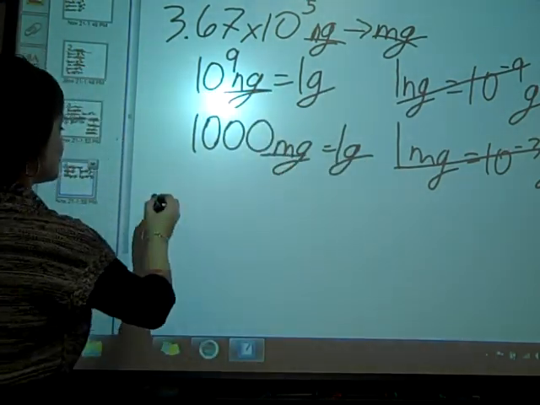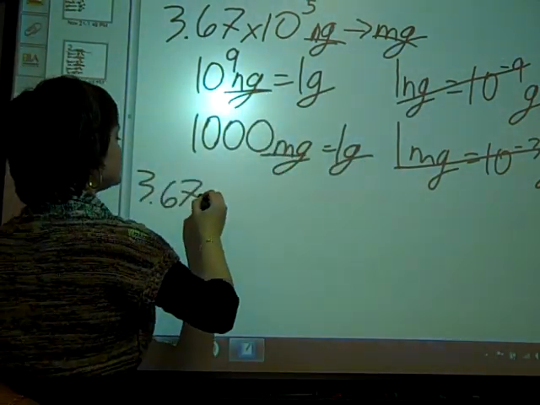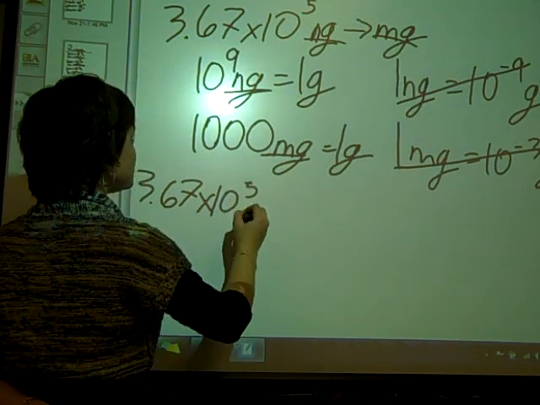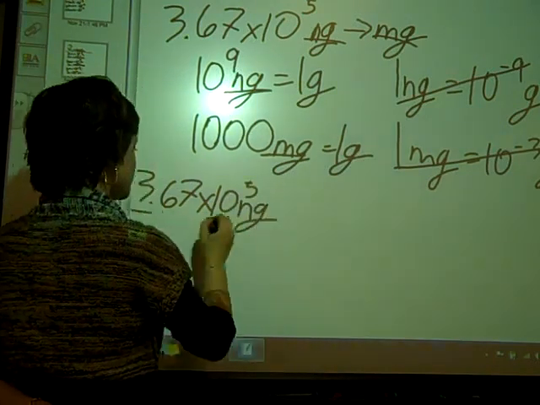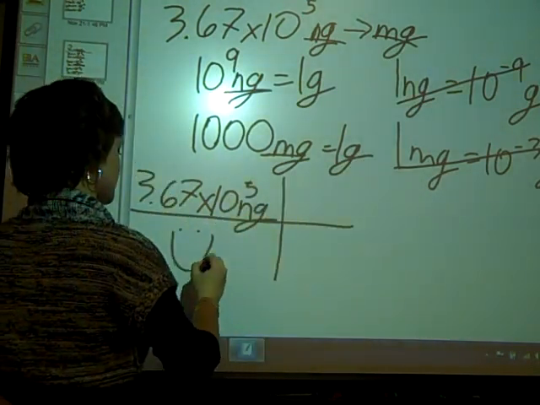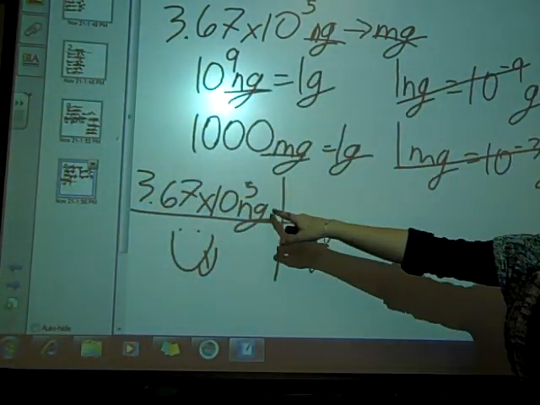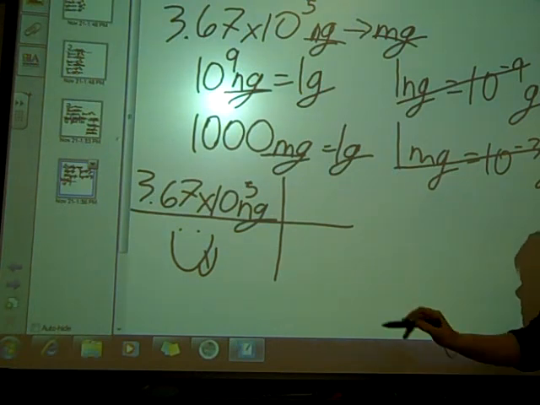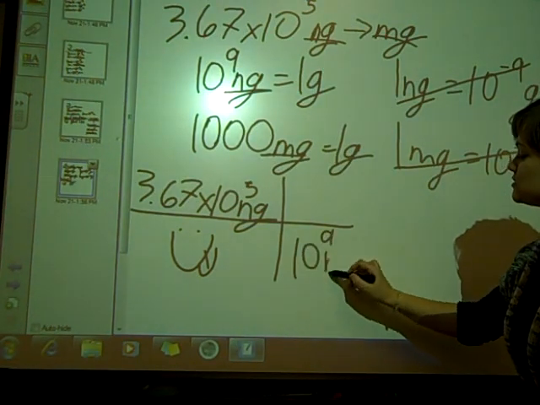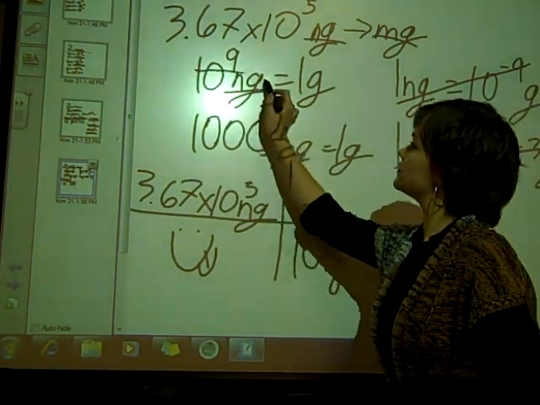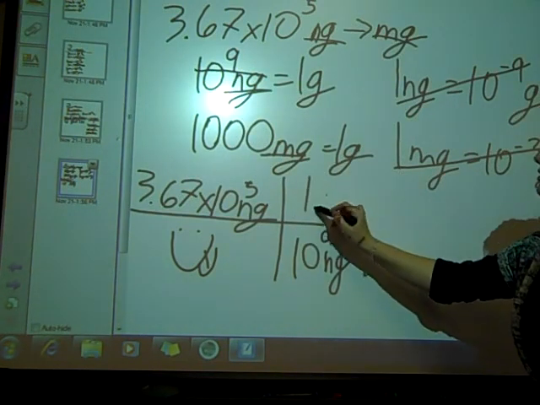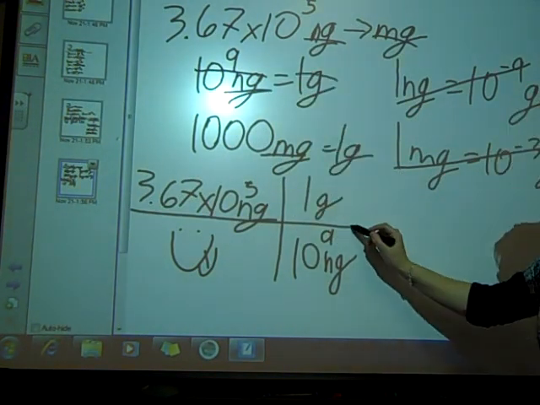We're good to set up our boxes. 3.67 times 10 to the 5th nanograms. Smiley face there, since it's nothing terribly interesting. Nanograms on the top, they also must be on the bottom to get them to cancel. Grams go on the top, the other half of my conversion factor.